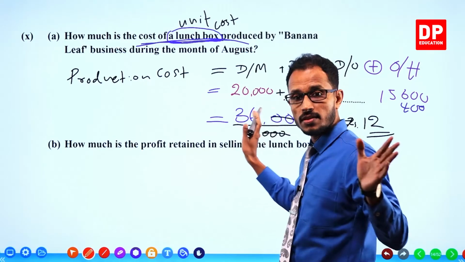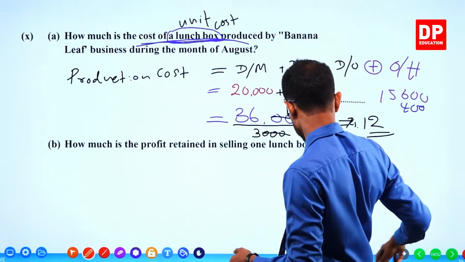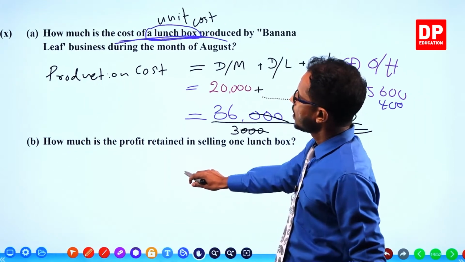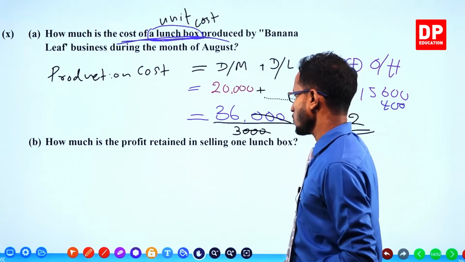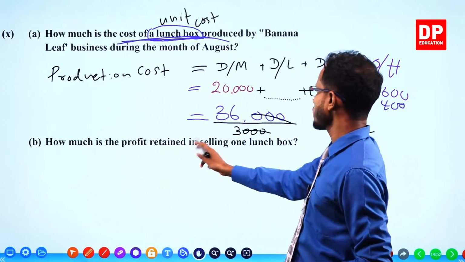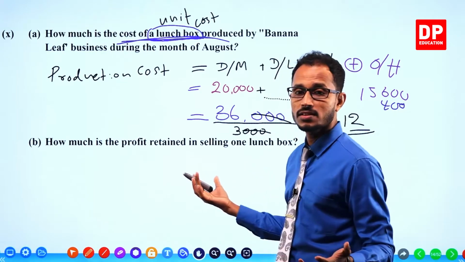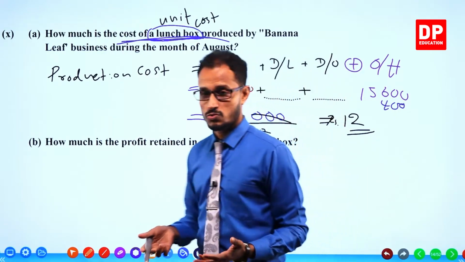Done deal with the last question. All right. How much is the profit retained in selling one lunchbox? The cost of one lunchbox is 12 rupees.